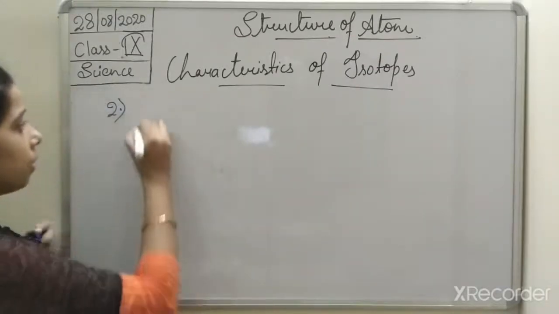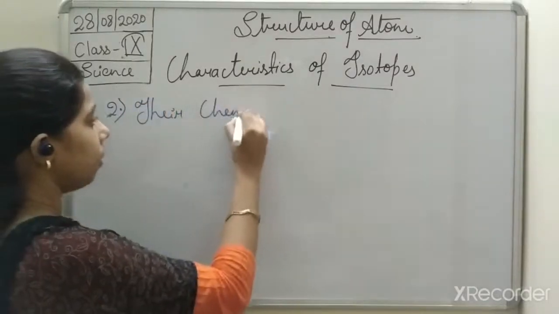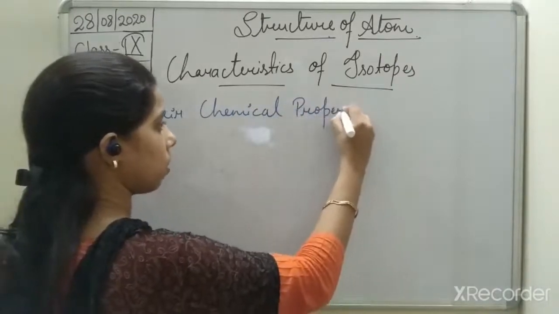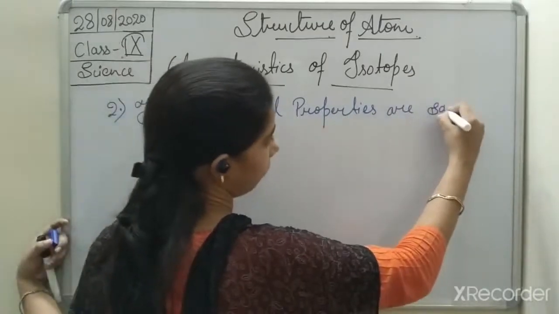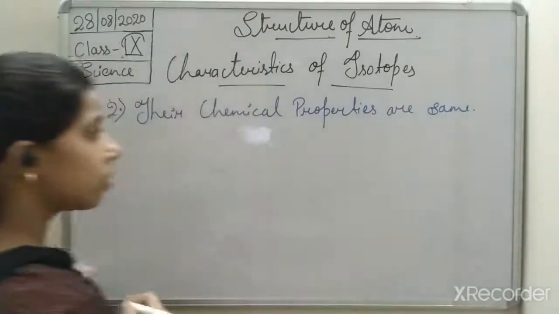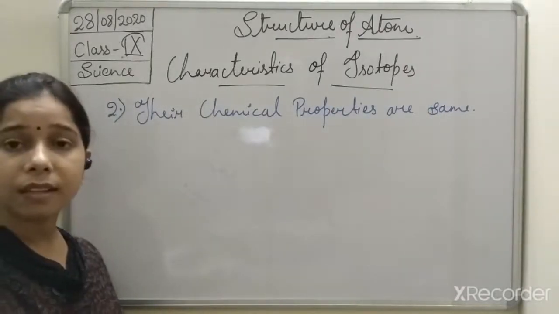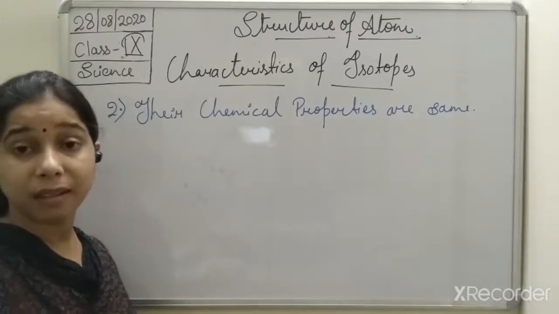So we can write: the chemical properties are same. Since only the number of electrons participate in a chemical reaction, in chemical bonding.